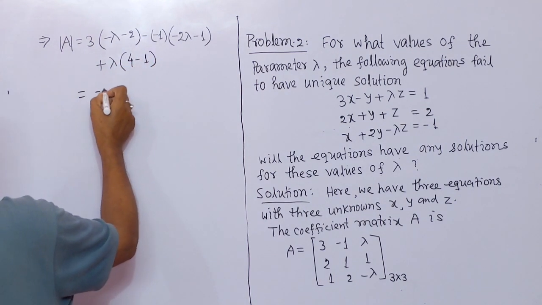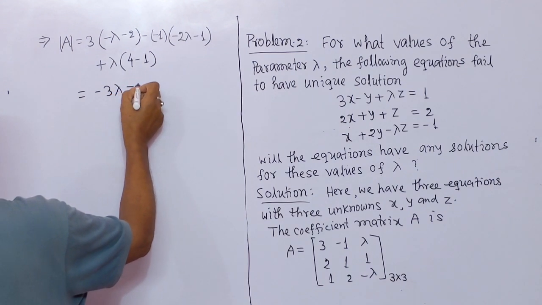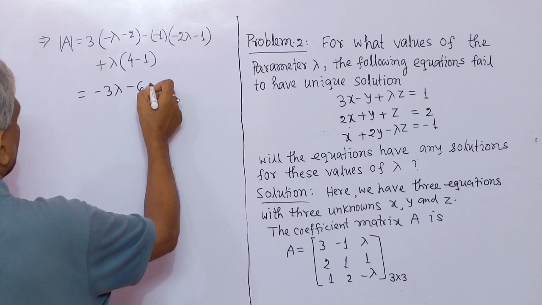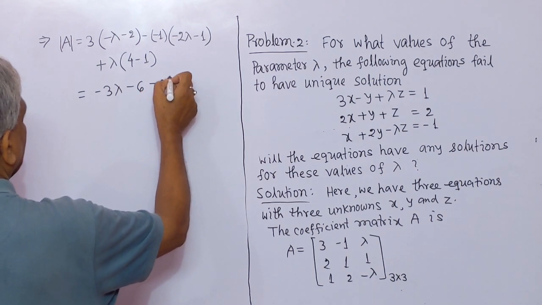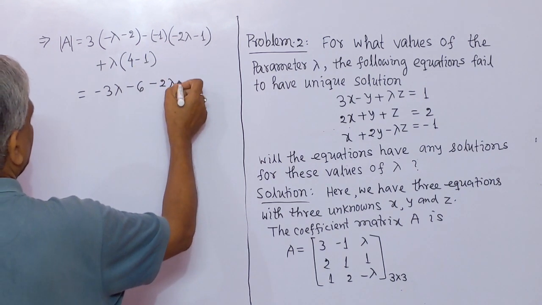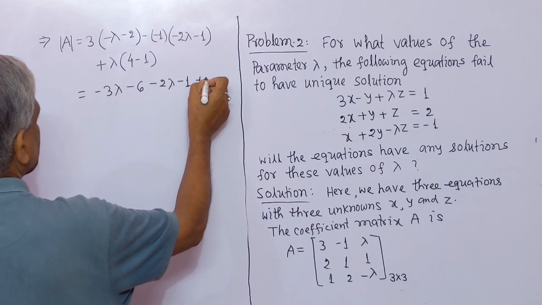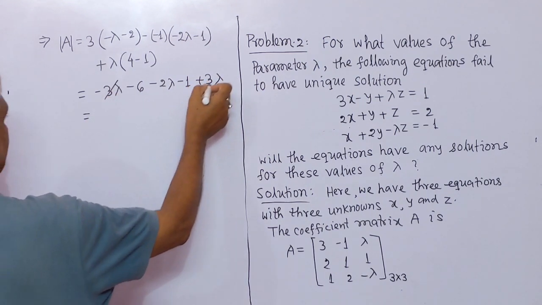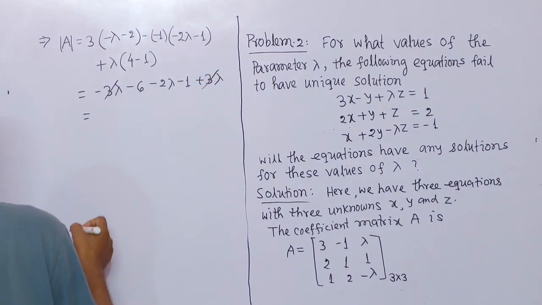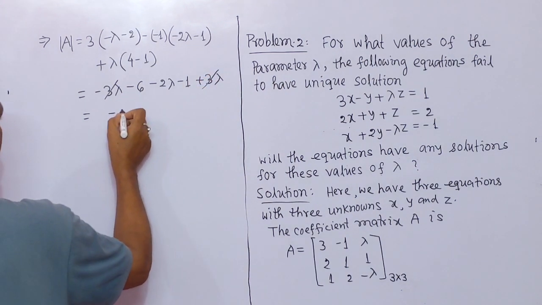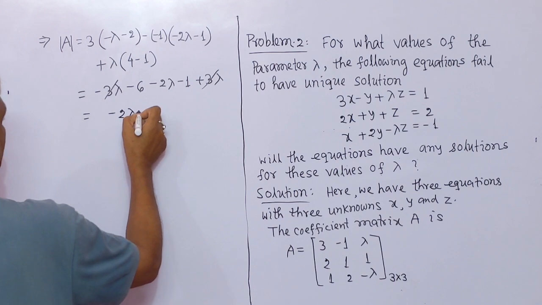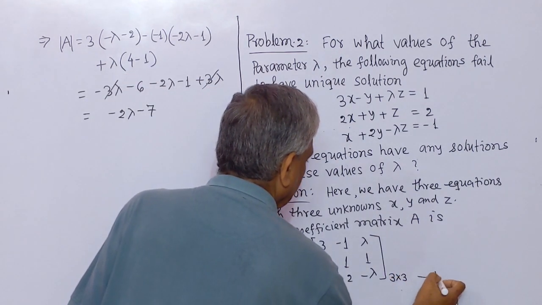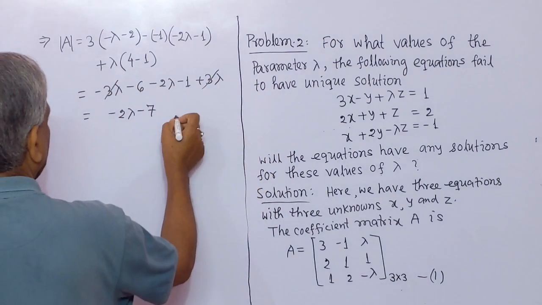This is equal to minus 3 lambda minus 6, plus 2 lambda minus 1 plus 3 lambda, which is equal to minus 3 lambda plus 3 lambda cancel, here minus 2 lambda minus 7. This is number 1, this is number 2.